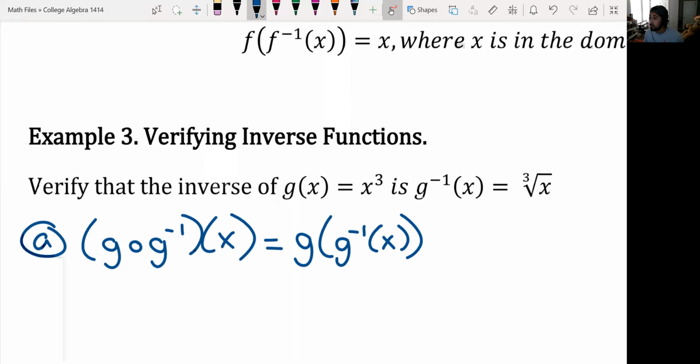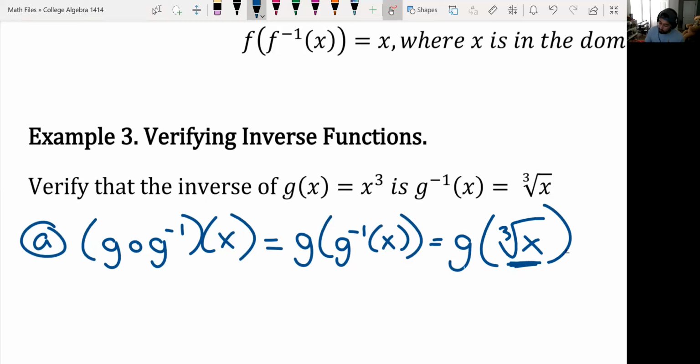Now remember how compositions work. The inverse g function is the cube root of x. So that's what's going in my parentheses next. g of the cube root of x. And now we take the cube root of x and plug it in for x into function g.